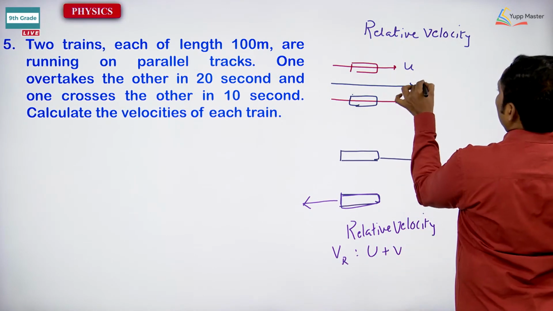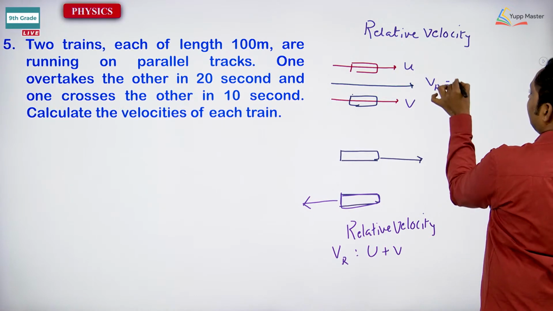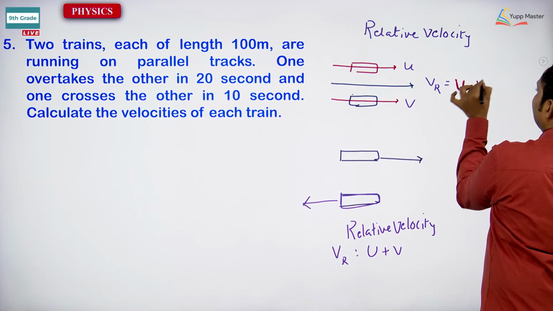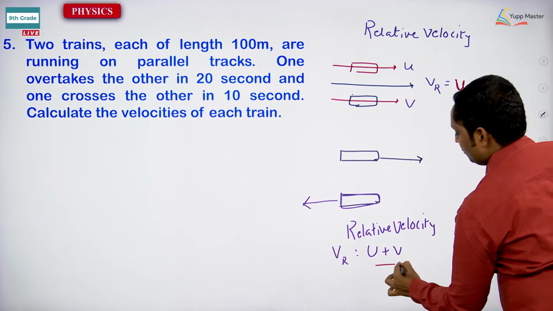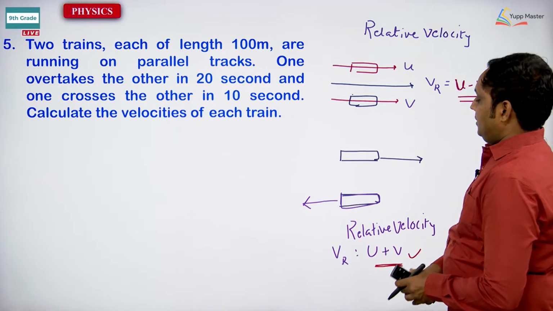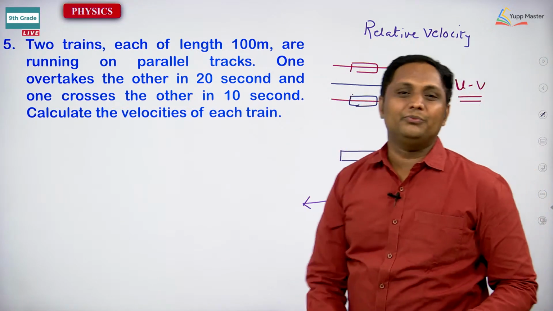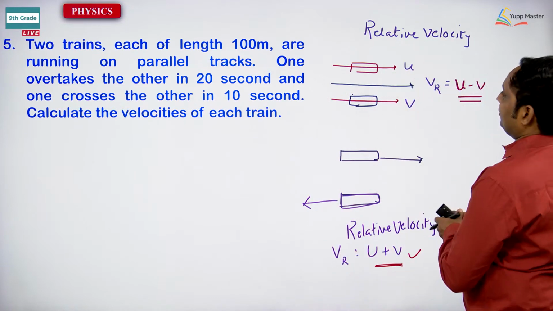Here Vr is equal to u minus v, very clear. Here u plus v, because of the direction. This is the first case, let us assume what they have given in the problem, one overtakes.